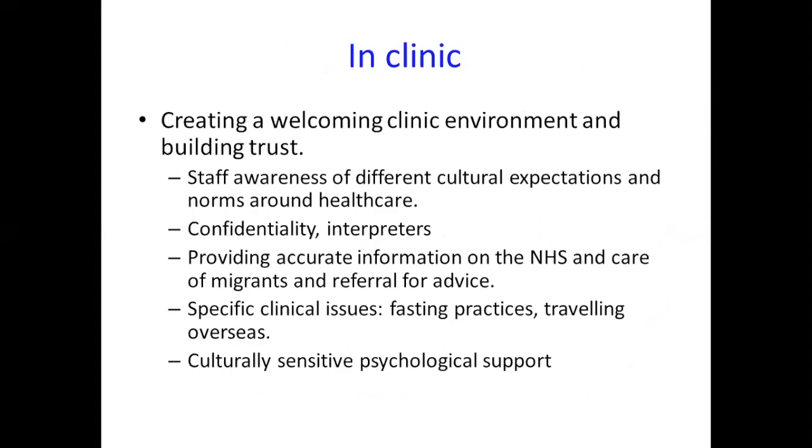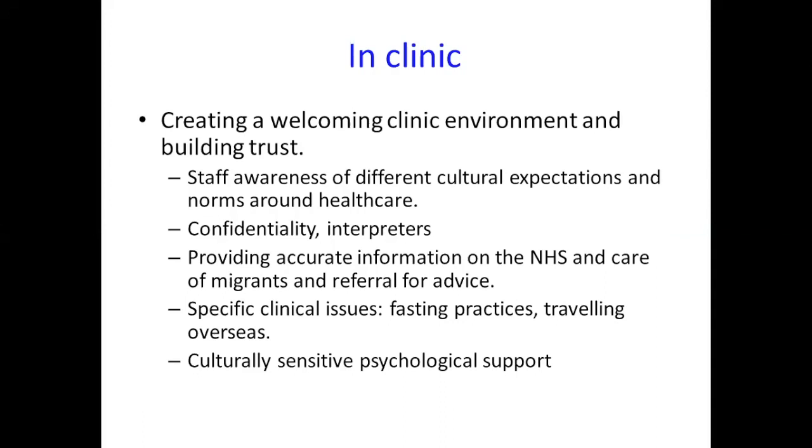So we should make sure that our staff are aware of different cultural expectations and norms around healthcare. We need to make sure our policies on confidentiality are clear and provide interpreters, but again, reassure patients that even if the interpreter is from their small community, they have the same confidentiality rules as everyone else. We need to provide accurate information on the NHS and care of migrants and refer patients for advice where needed.